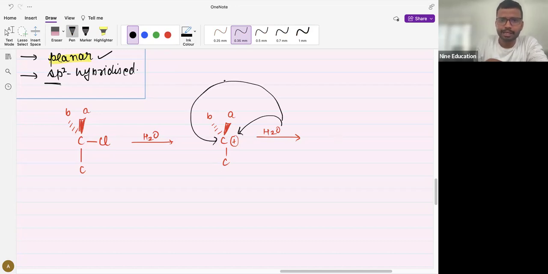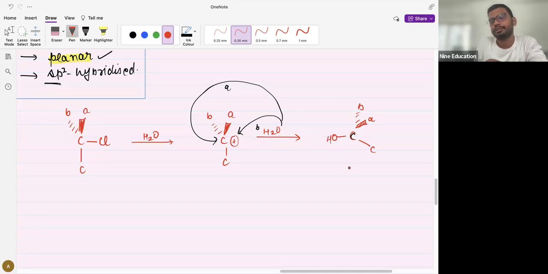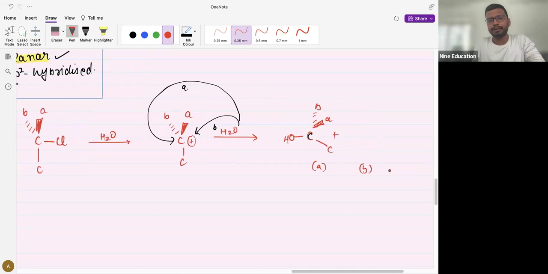अगर front side से attack किया, A side से, let's say it is attacking from A side, so A will be made this, B will be made like this, C will be made this, and OH will be made this side. And if it is attacking from B side, अगर B side से attack किया तो क्या होगा?